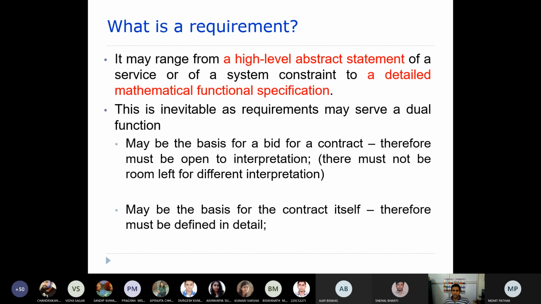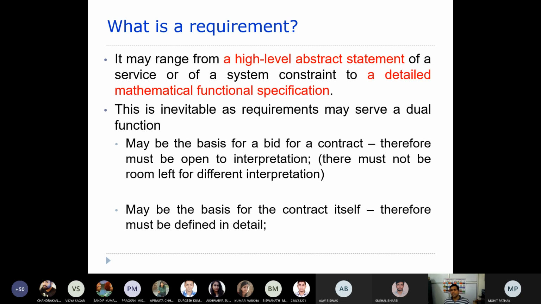So this is inevitable as requirements may serve a dual function, right? Whatever requirements are established here through this requirement engineering process serve two different purposes. One is that it will be used for bidding a contract.